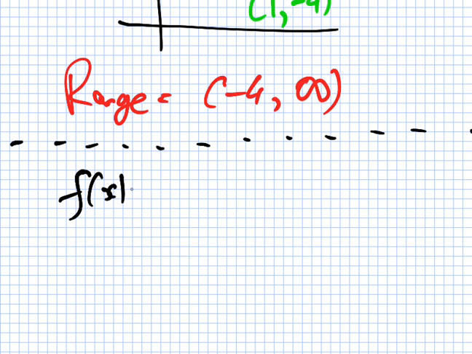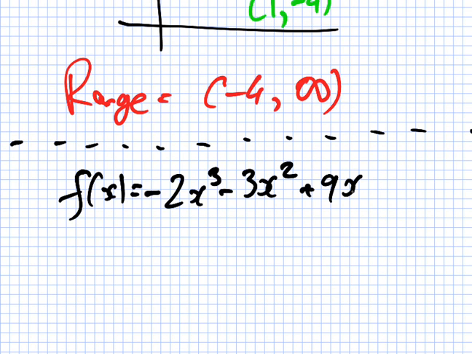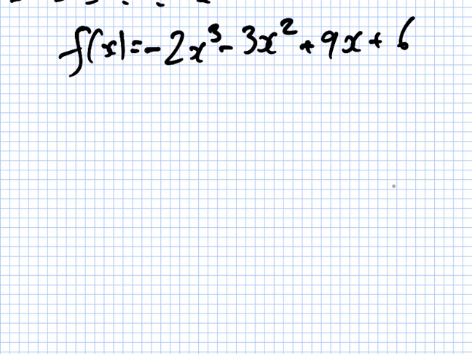f(x) equals minus 2x cubed minus 3x squared plus 9x plus 6. So picture the graph. What's the range? Is it or is it not all real numbers? Is that what we're saying, not all real numbers?